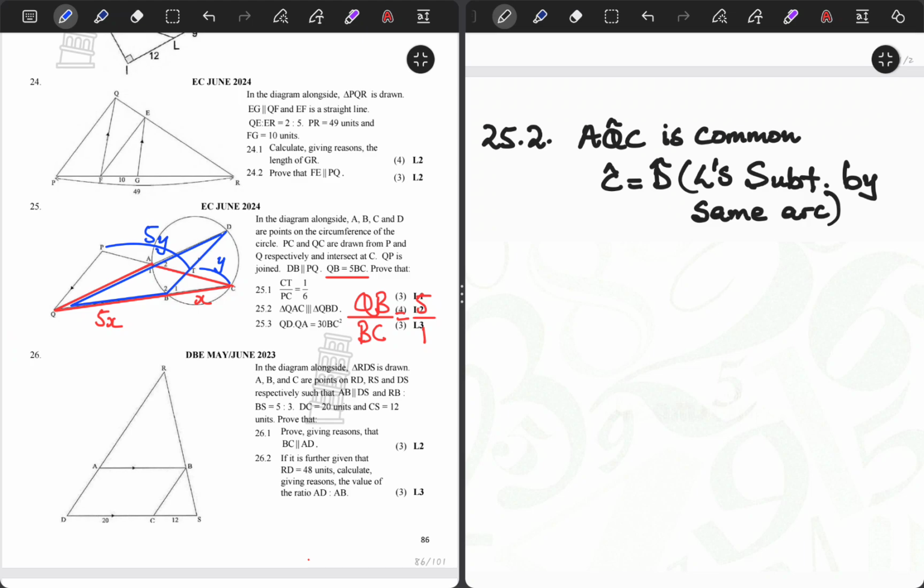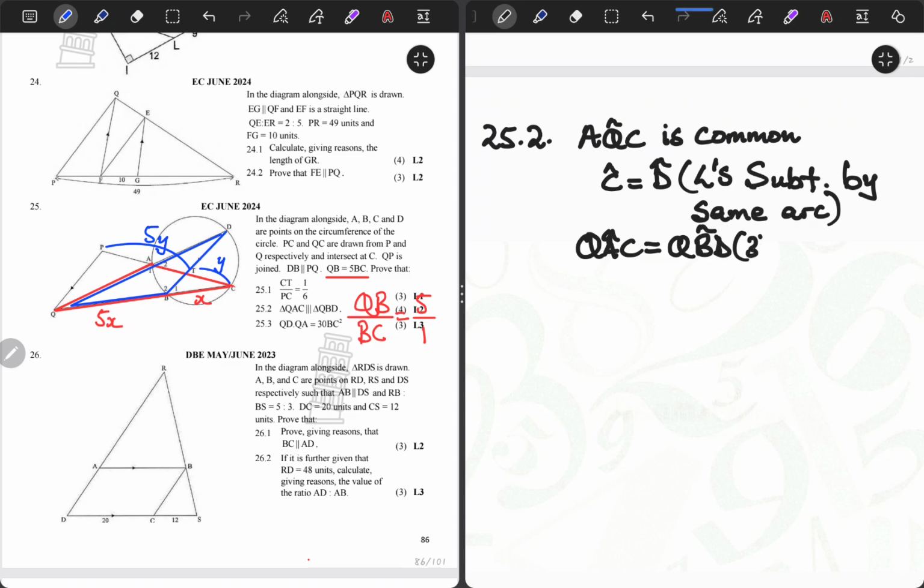The last one will be that angle QAC should be equal to angle QBD.